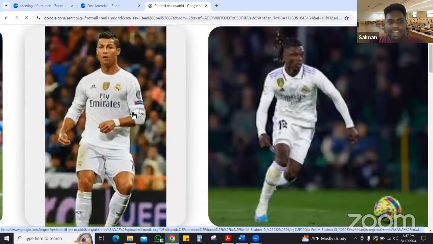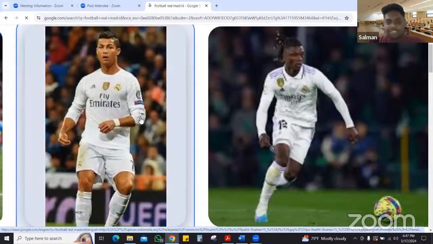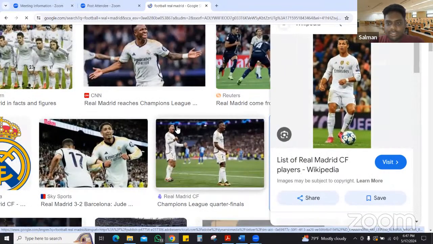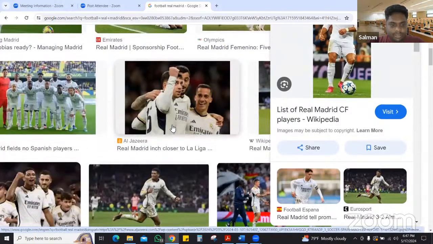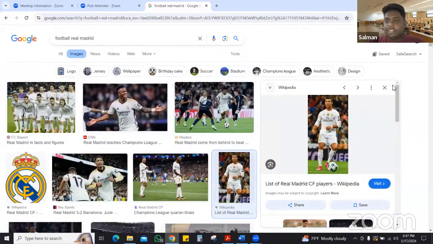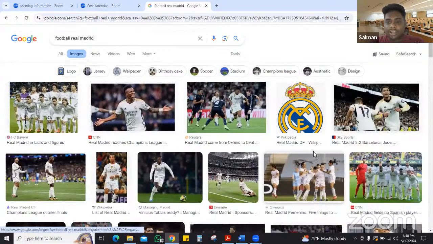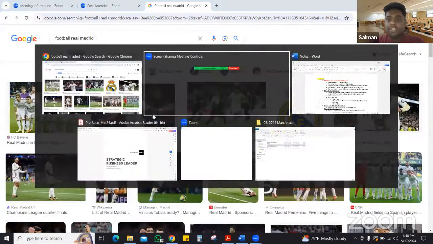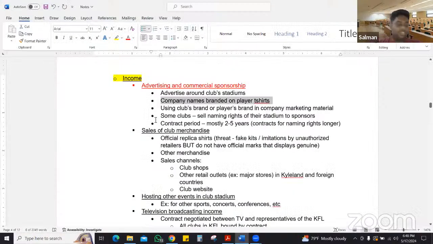You can see the company brands are there, Fly Emirates. Companies typically spend money so that they are branded in the merchandise, and specifically on t-shirts. So this is something common, right?